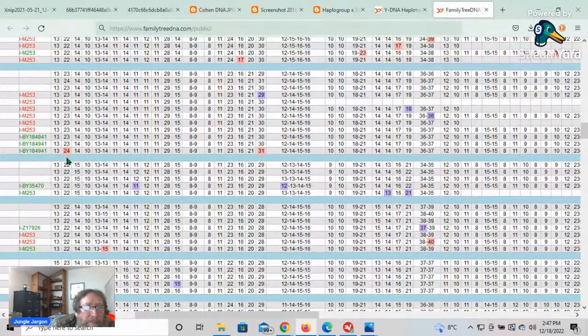So he has a single tandem repeat that's different than his other ancestors going back 300 years or so. Same thing here. These are all exactly the same, except for these different colored ones. It's 31 instead of 30, and here is 29 instead of 30. So in this case, this guy lost one of his repeats.